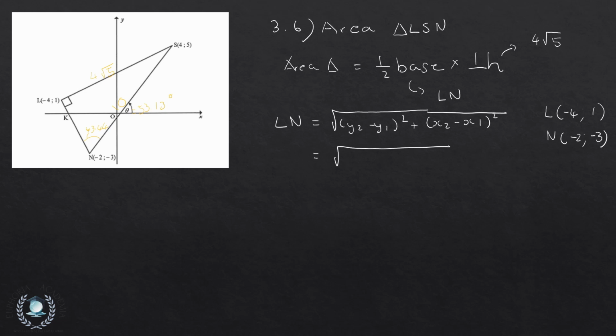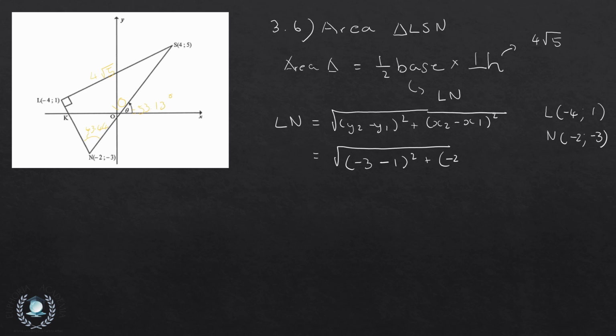You can see it on the diagram there. And then for my y2, I chose that to be the -3, and that will be minus 1, and that will be squared, plus x2, sorry, will be that.